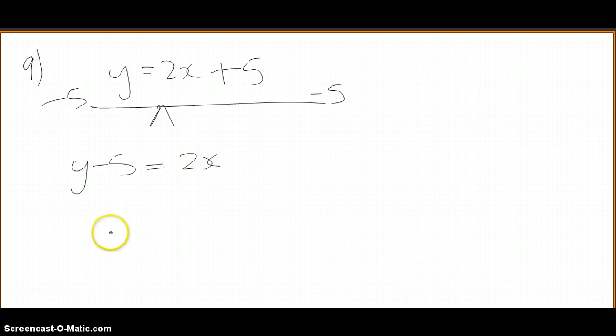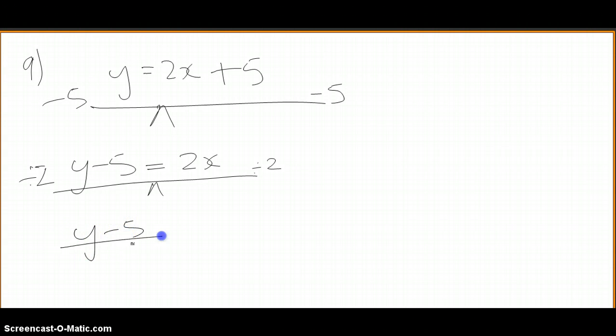Now, to get x fully by itself, I have to divide both sides by 2. So y minus 5 over 2 now equals x. The times 2 divided by 2 cancel each other out, and we're left with x by itself.